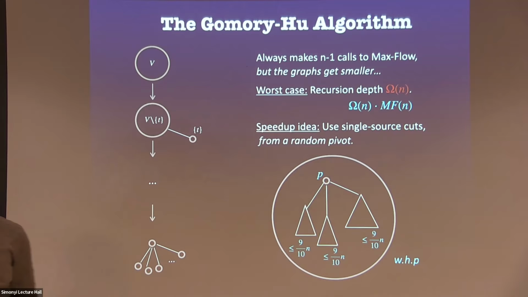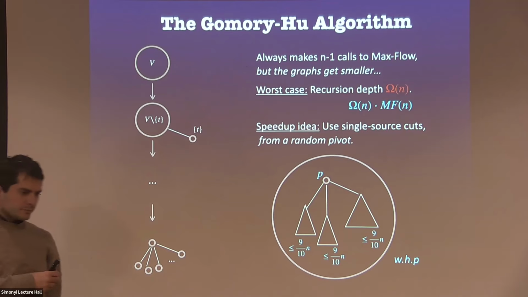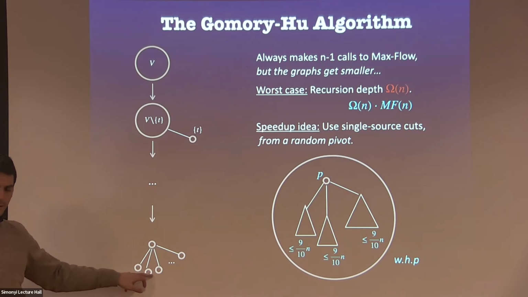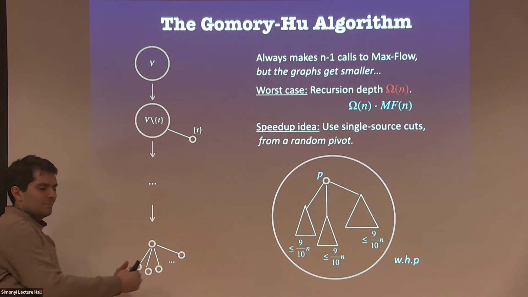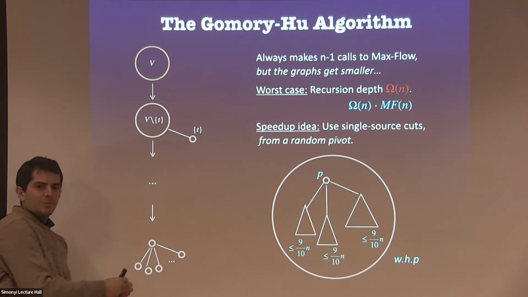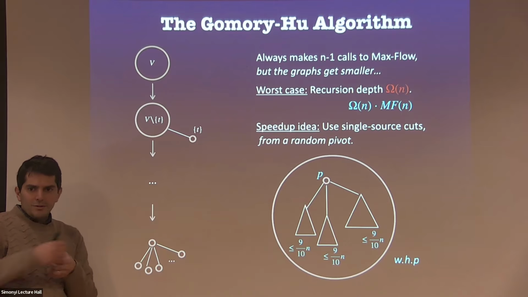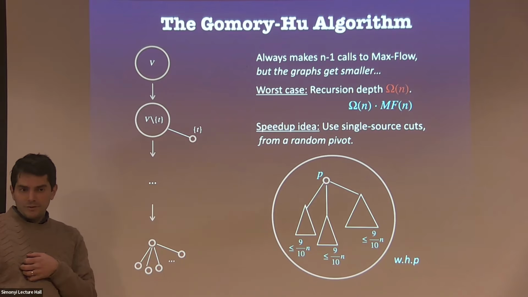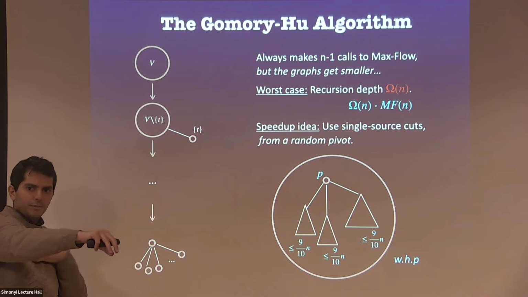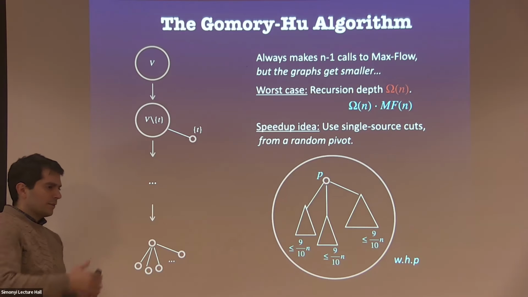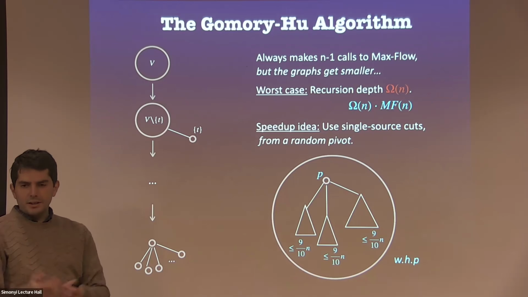Wait, why is this true for expanders? So for expanders, if you pick a node, then consider the single source minimum cut from that node to everybody. You might worry that it's that node versus everybody else, that that's the best cut for everybody. But it might also be that they are on their own, so you can pick the latest cuts if there's a tie.